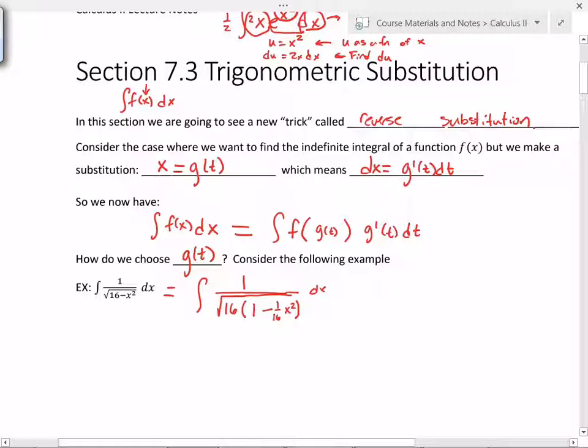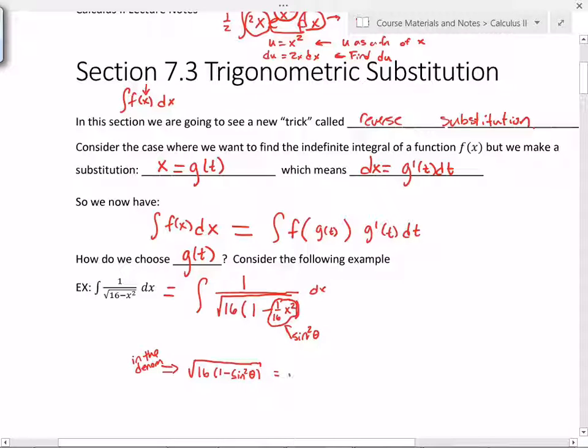Okay? So now if this here was a sine squared of theta, then notice that would mean I would have on bottom the square root of 16 times 1 minus sine squared of theta, right? But what is 1 minus sine squared?